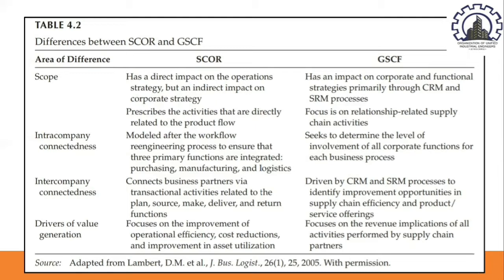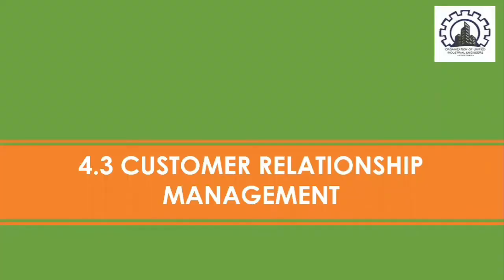So as you can notice, the GSCF framework has advantages over the SCOR model in providing implications on improving CRM functions. So the GSCF model is primarily based on the interconnectedness between CRM and SRM. So CRM is an important aspect to the continuous support of the execution of corporate and functional strategies in the GSCF model.